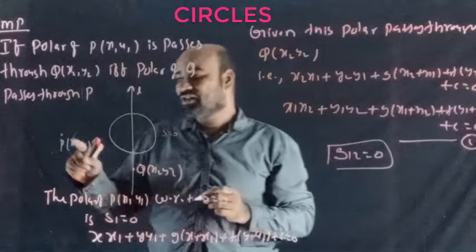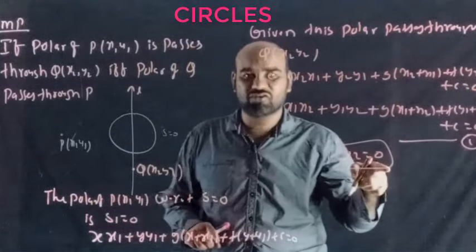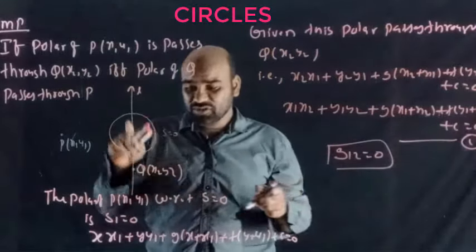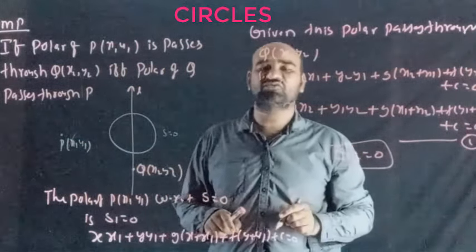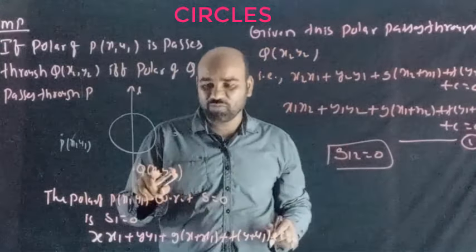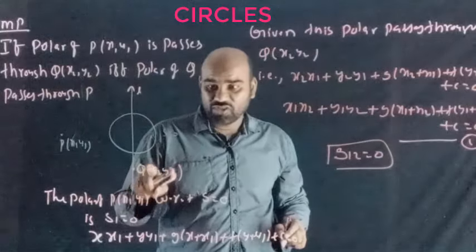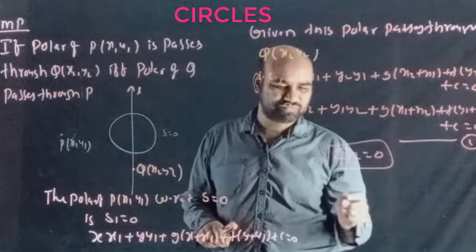What happened? The polar of P passes through Q (x2, y2). We got the result S12 equal to 0. So if and only if the polar of Q passes through P, then again you want to show that S12 equal to 0 only. That's why I want to find the polar of Q first. If the polar of Q passes through this, then this result happens.